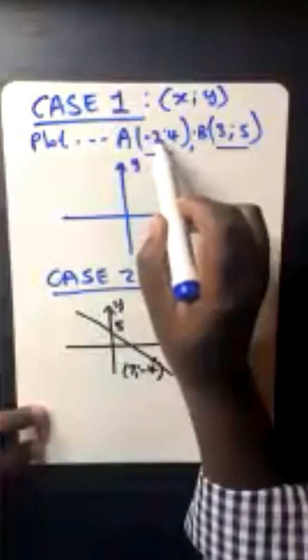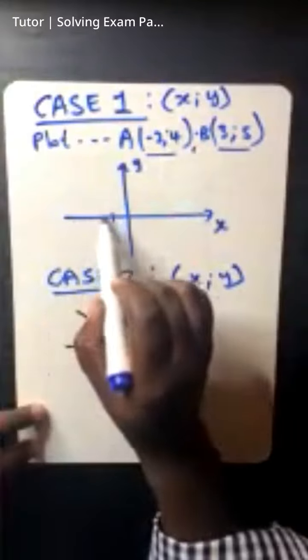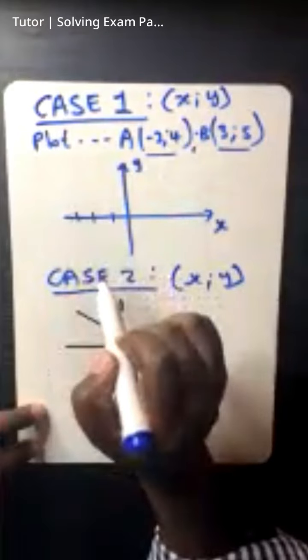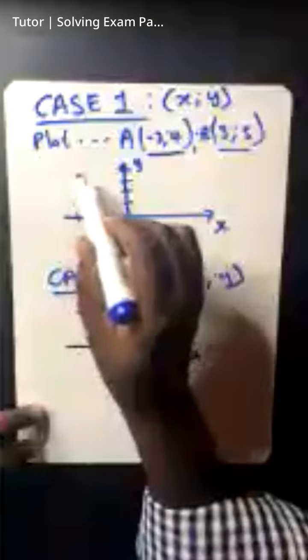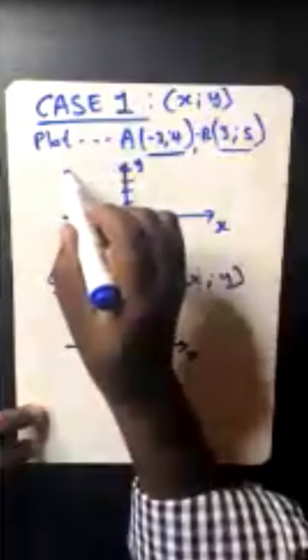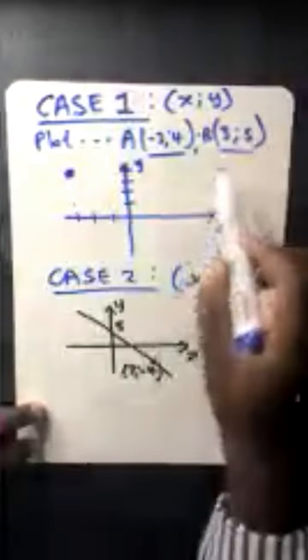X is negative, so that means it's on this side. So let's say -1, -2, -3. But the corresponding Y value is on the positive side, so 1, 2, 3, let's say 4. So that point A, that's where X is -3 and Y is 4.